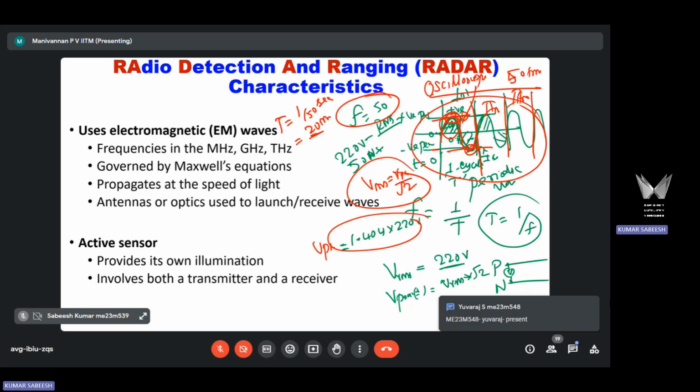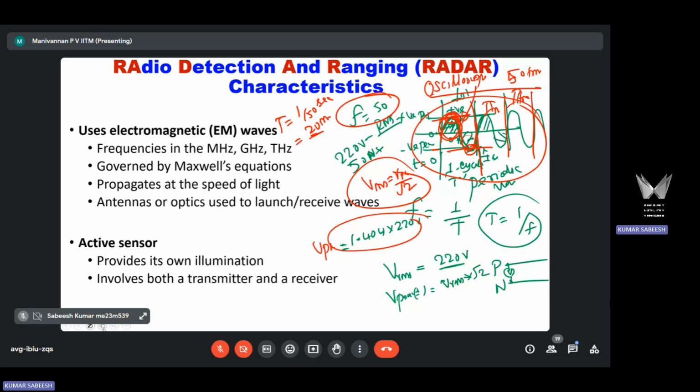They say 50 cycles. 50 times it becomes positive, negative, positive. We say 50 Hz. Hz is the unit for measuring frequency, the number of cycles per second. f equals 50 cycles per second, or Hz. The person who discovered this was named Hertz, and to honor him they gave the unit Hertz.